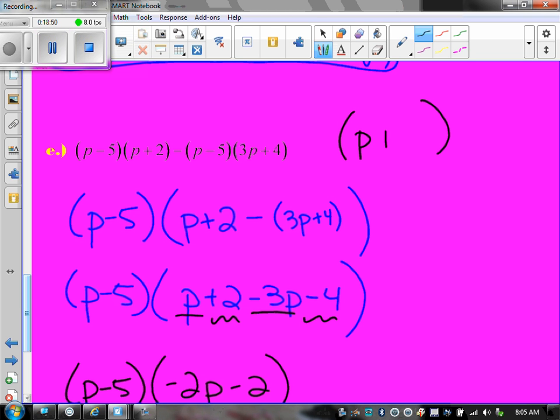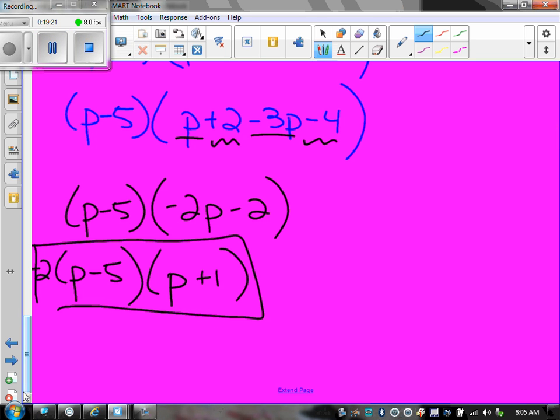You have a p plus 2, and you have a separate 3p plus 4. Within this, can I take out a p from both of these? No. So I can't take a p from here and a p from here because they're two separate things? Yeah. And I can't take a 2 from both of these in the same parentheses. So I can't take a 2 from this and a 2 from that because they're totally separate pieces. Is that what you mean? Mhm. Okay. All right.